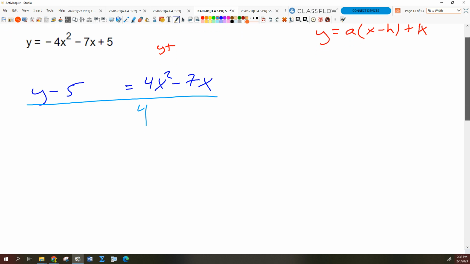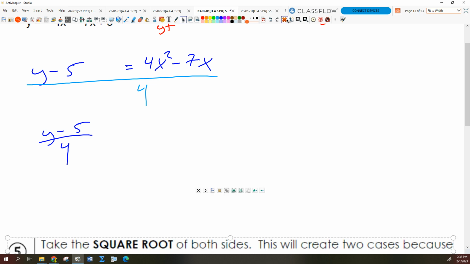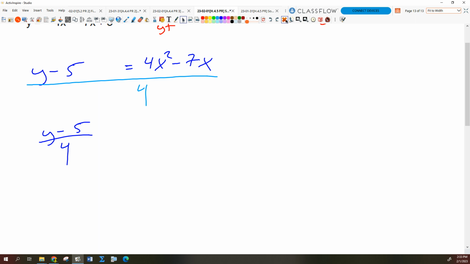Okay, so what's that going to give us? On the left side, we're going to get y minus 5 over 4. On the right side, we're going to get x squared minus 7/4 x, right?